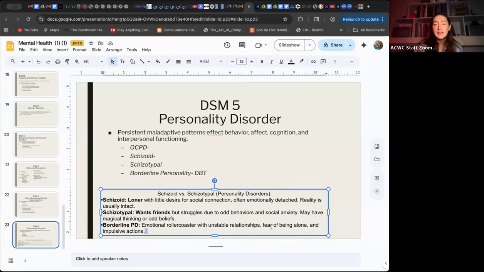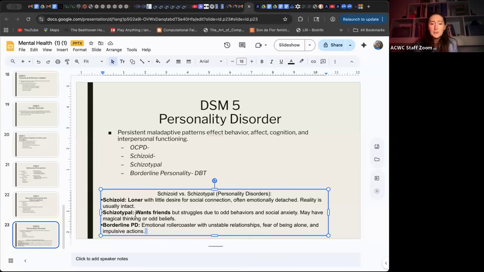Versus schizotypal, they actually want friends. It's actually really sad. They want friends, but because they have some odd behaviors, like it says down here, they may have magical thinking or odd beliefs, it's hard for them to keep friends. Once people begin to hear some of their magical thinking or beliefs, it can be hard for them to keep friends. So sometimes people flip-flop these two, schizoid and schizotypal. These go in the personality disorders, and they are definitely different.